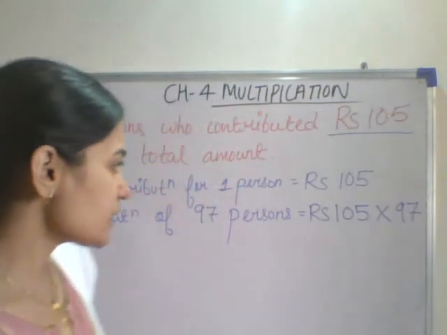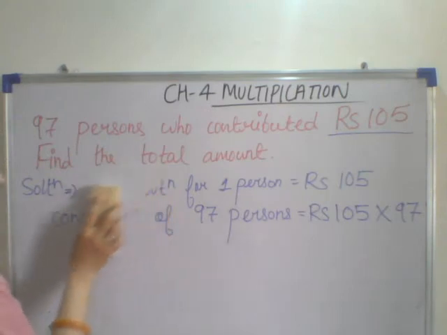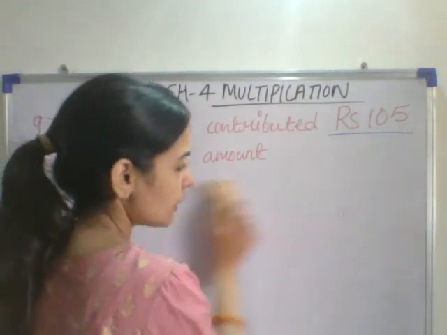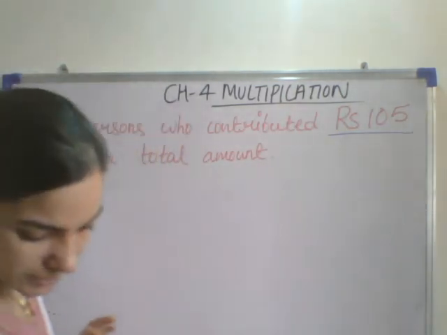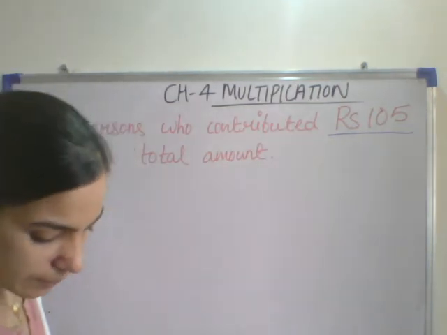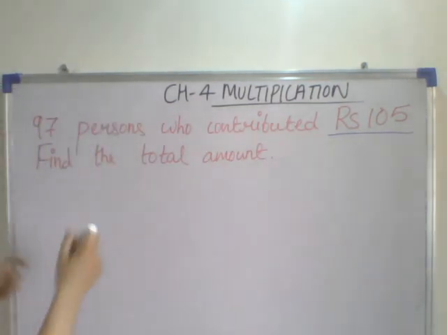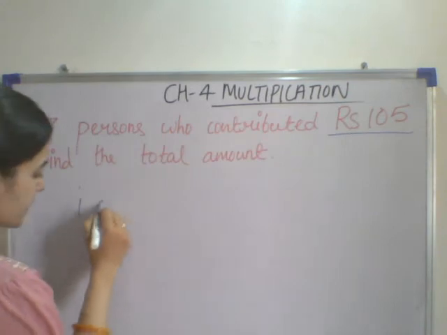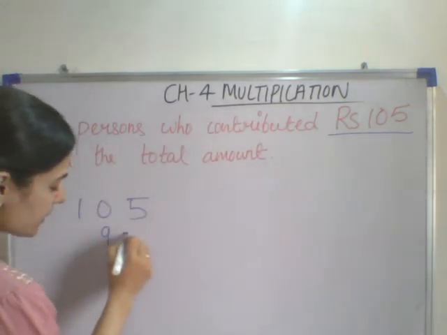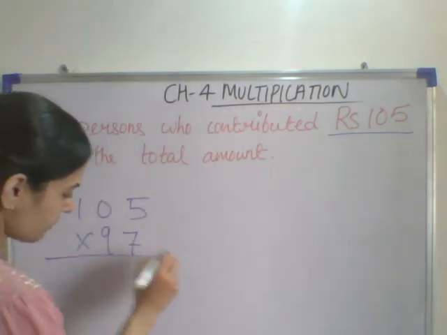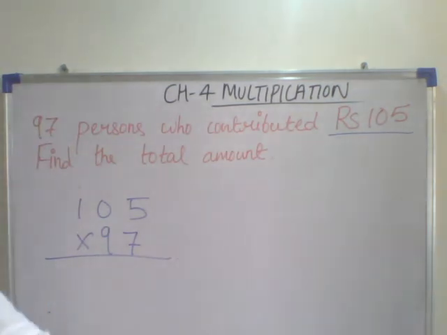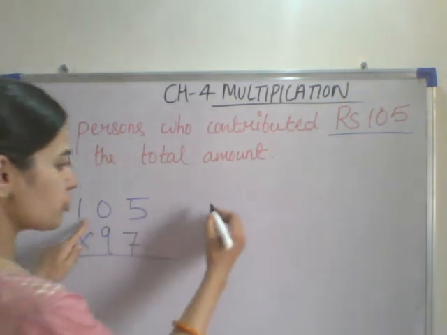So I have discussed how to multiply using a 2-digit multiplier, so it would be clear for you. Again I am discussing how we will be multiplying 105 and 97. First, in the first term, what we have to do?